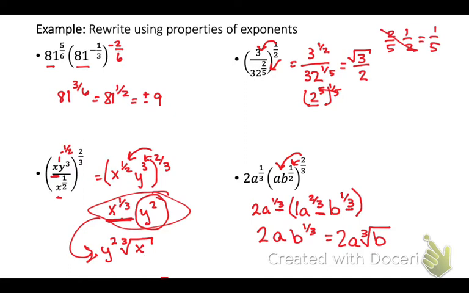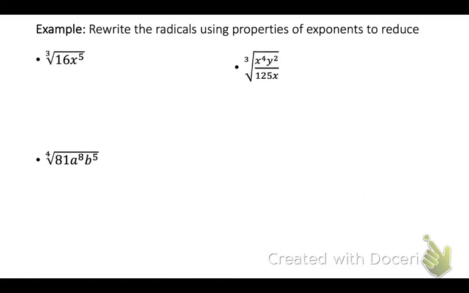Is that all? Am I good? Okay, same thing. Now instead of the rational exponents, I have them in radicals. But couldn't I just put them in rational exponents?